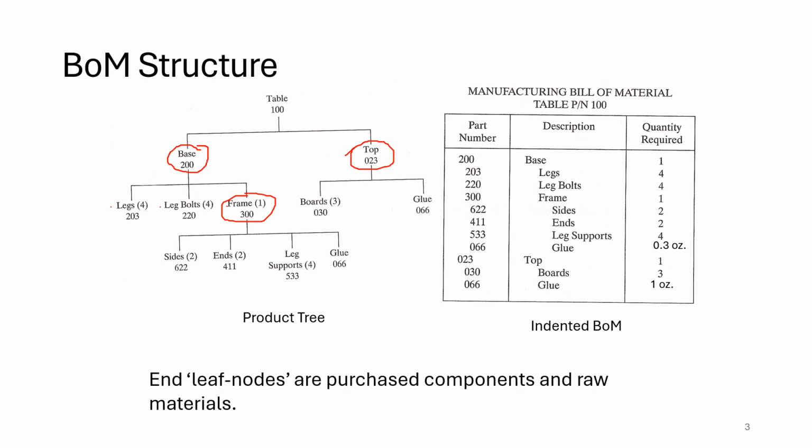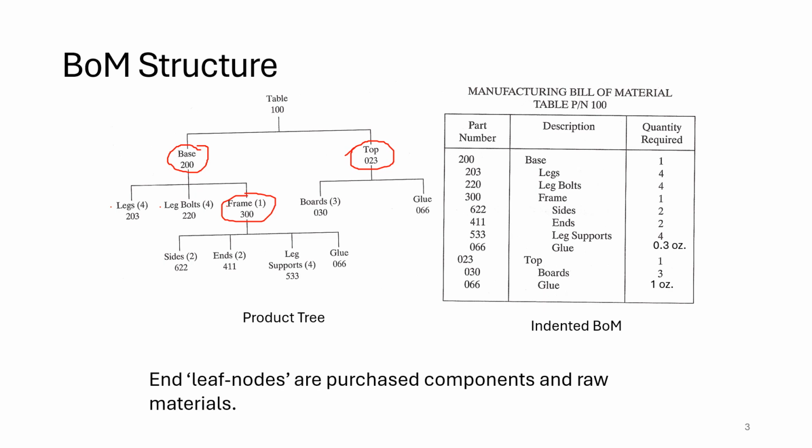For example, if you want to make the base, we need legs, leg bolts, and the frame. So the base itself is not a part. Only when we assemble the legs, leg bolts, and the frame, we get the base. So the base is essentially not an individual part, but it is an individual subassembly.